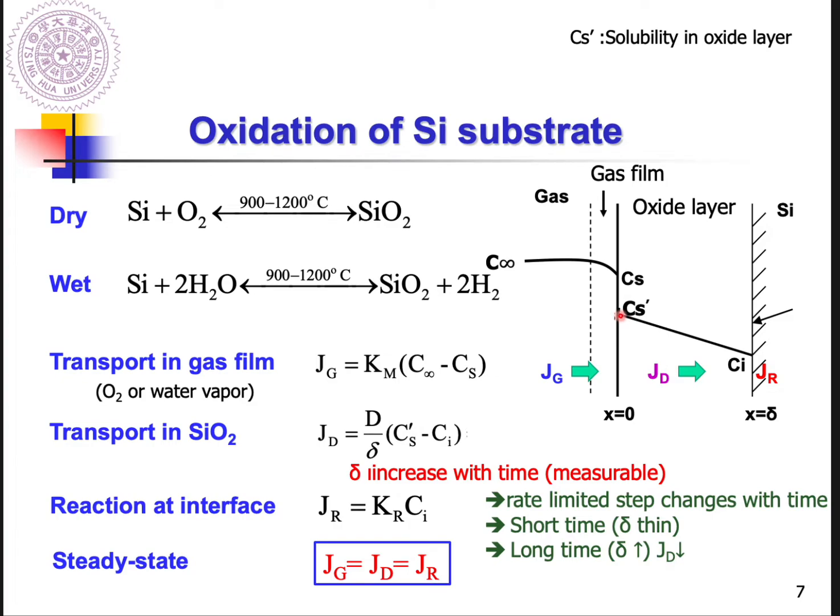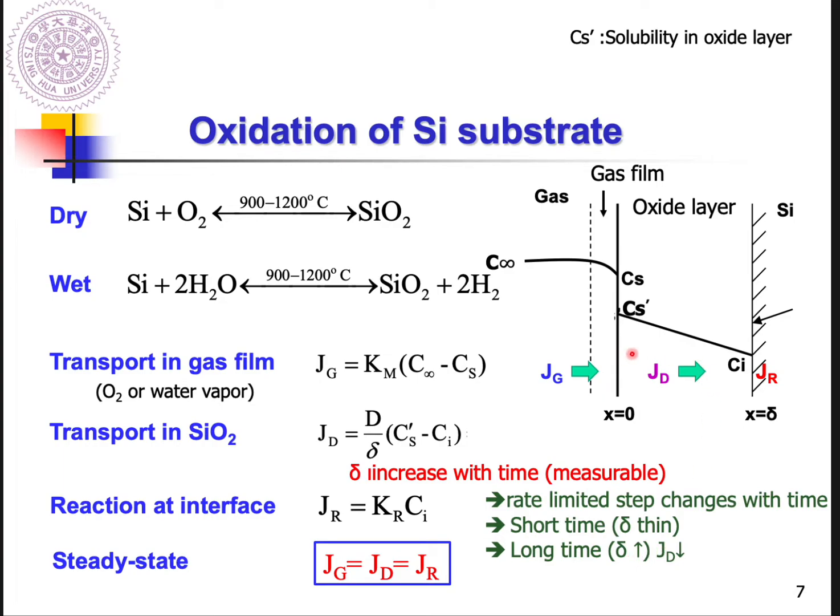If the reaction is in the short time, in the beginning, delta is very thin, so oxygen easily reacts with silicon. But with increasing time, you can observe the oxide layer gets thicker and thicker. So for longer reaction time, you observe the thickness of the oxide layer increase.